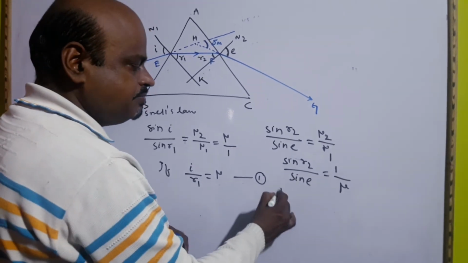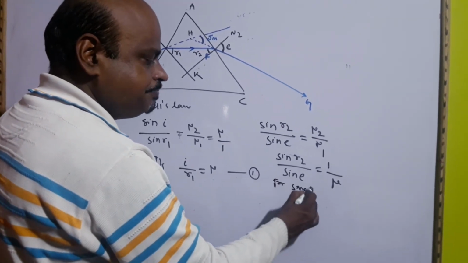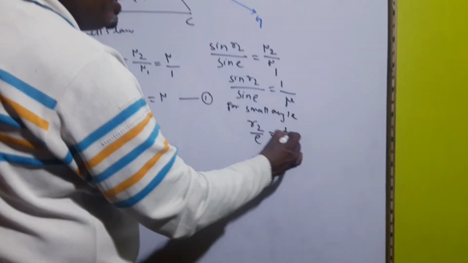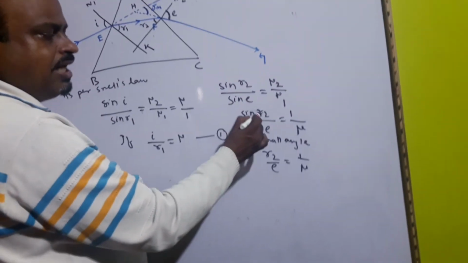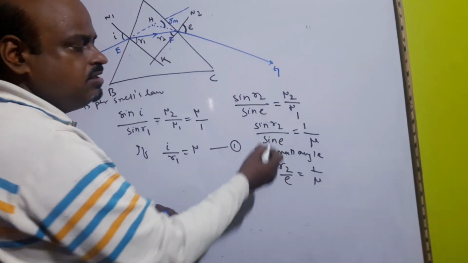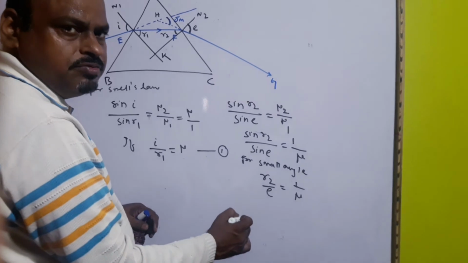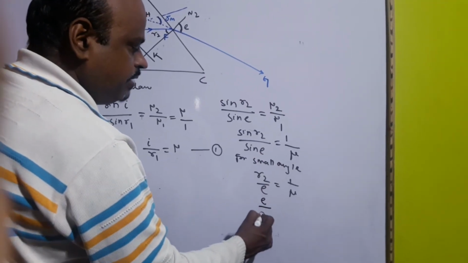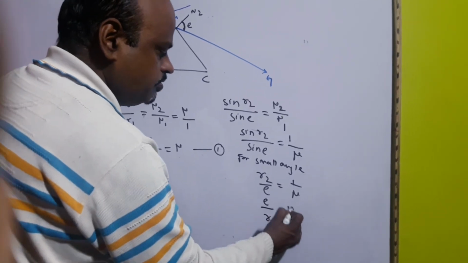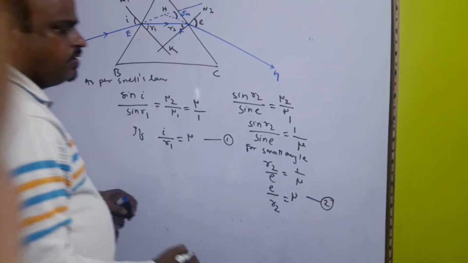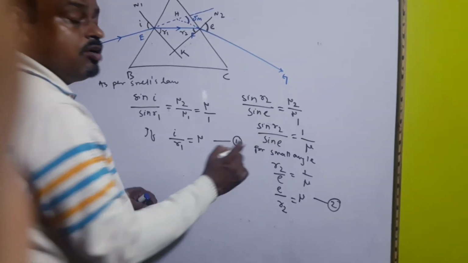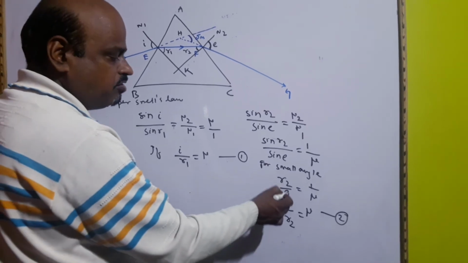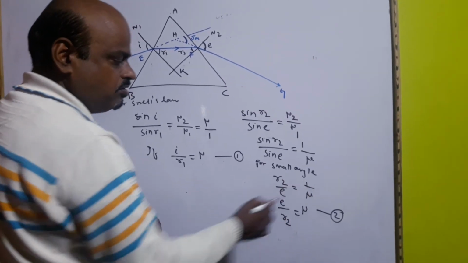For small angle, sin R2 equal to R2, sin E equal to E, so R2 by E equal to 1 by mu. Take the reciprocal: E by R2 equal to mu. Equation 2.